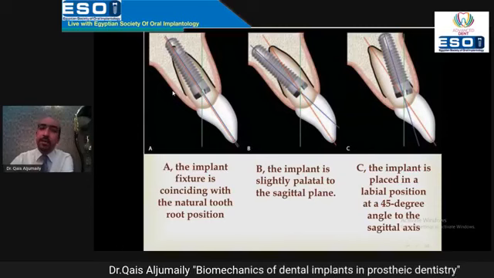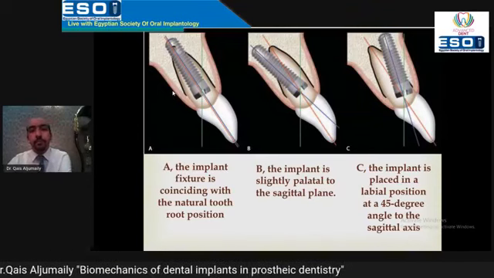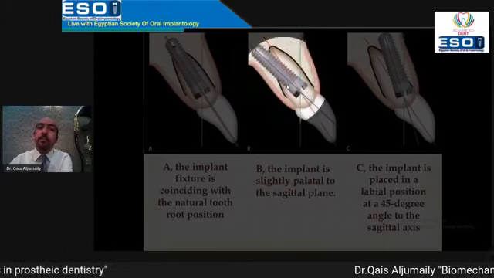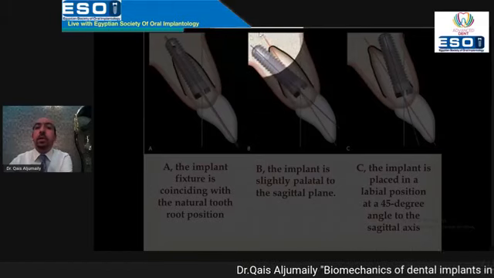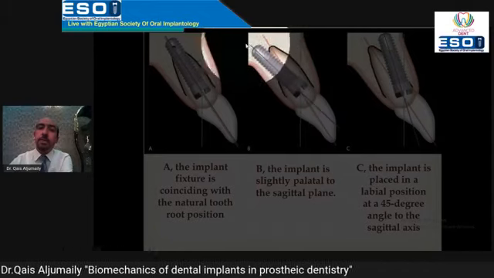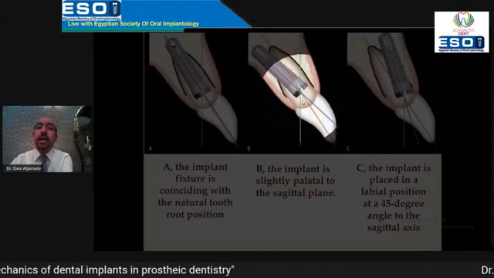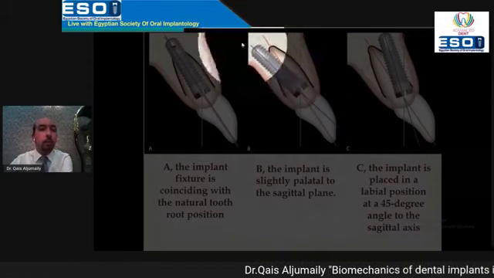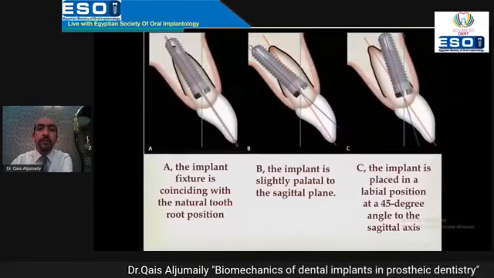So this is perfect. But look here. If we put my implant a little bit palatally, that means the long axis of the previous root is not parallel to the long axis of the implant, and the long axis of the crown itself is not parallel to the long axis of the implant.